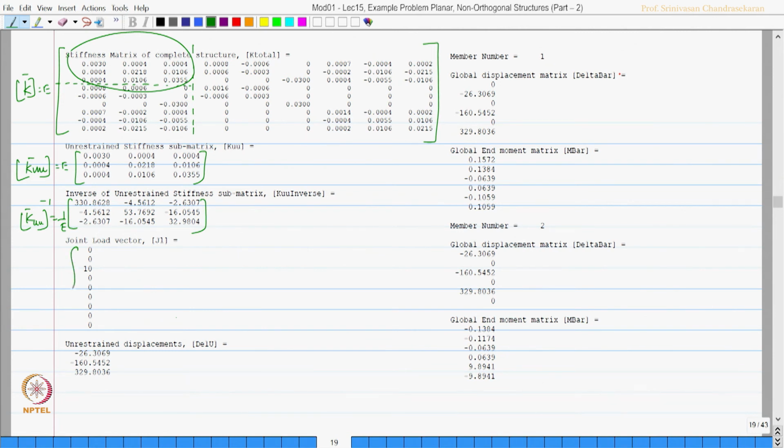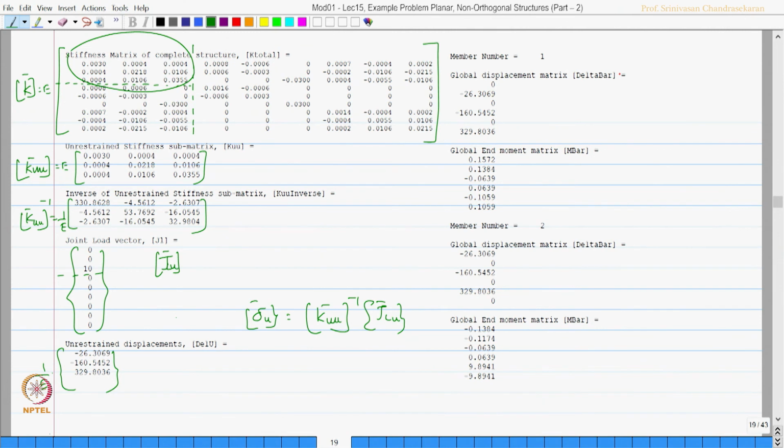Then I get the joint load vector and partition it to get J L U bar. Then I find del U, which is nothing but K UU bar inverse times J L bar U. I get this, which will be 1 by E times this.